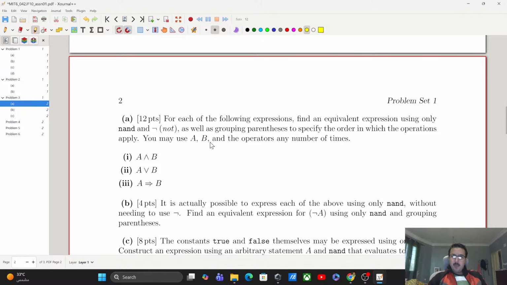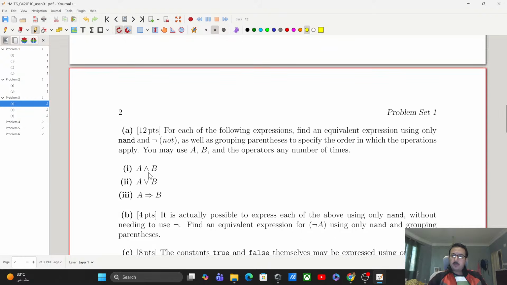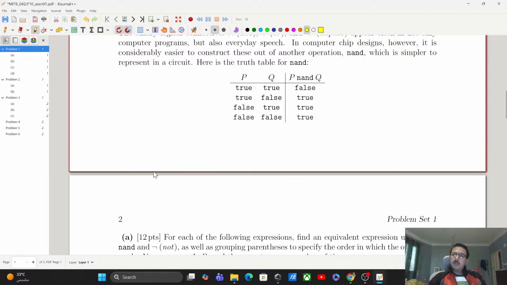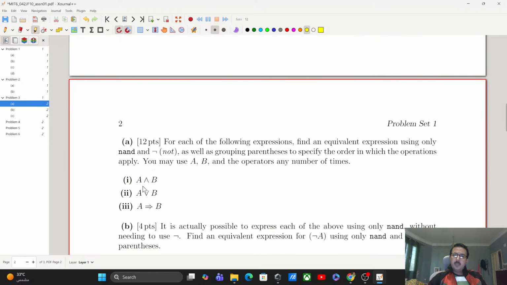Here's A, B. There's A and B. Not. Not, and, and not NAND.